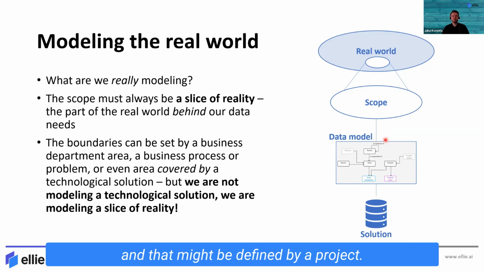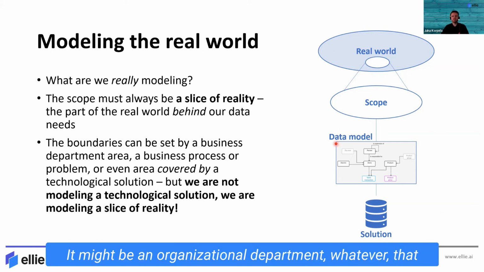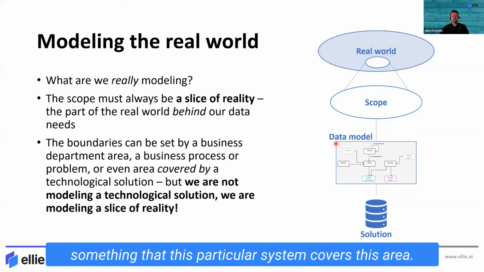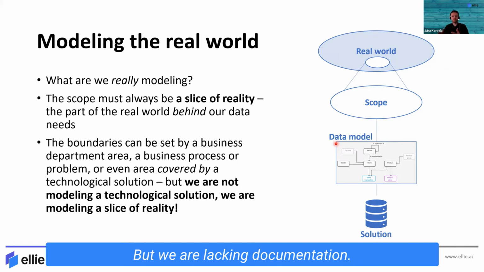And that might be defined by a project. The project covers this area of the world, so we have to model that. It might be an organizational department, whatever, that covers a specific area of the real world, so we model that. Or it could be that this particular system covers this area, but we're lacking documentation, so we need to cover that area with the model.